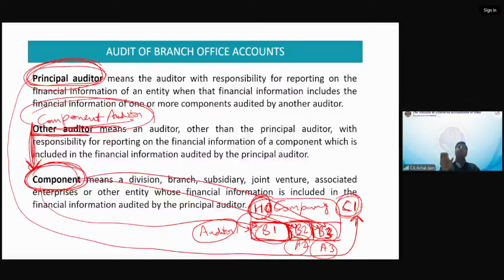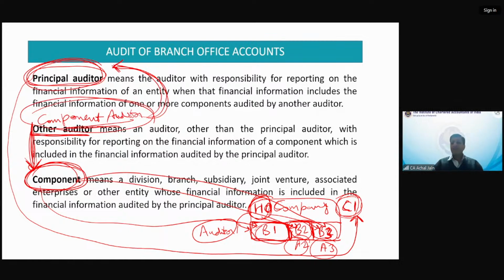Means they will issue their audit report in respect of their branches. Okay, and subsequently, all of these reports will be sent to the principal auditor.